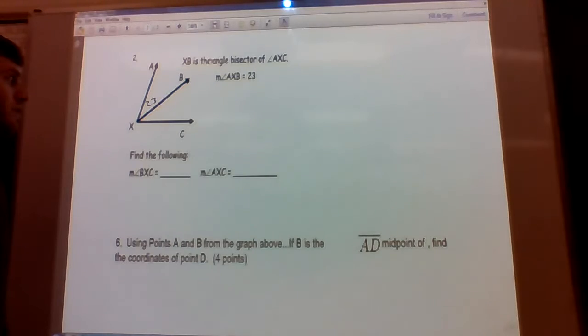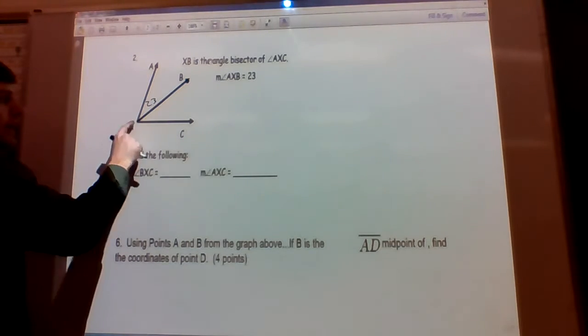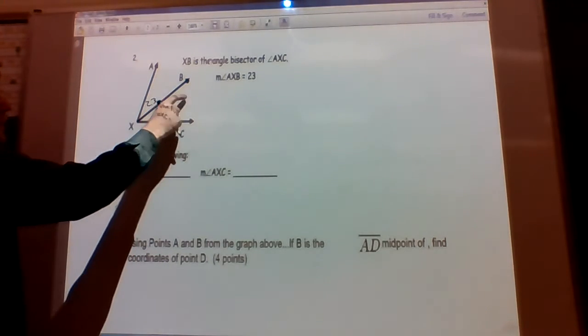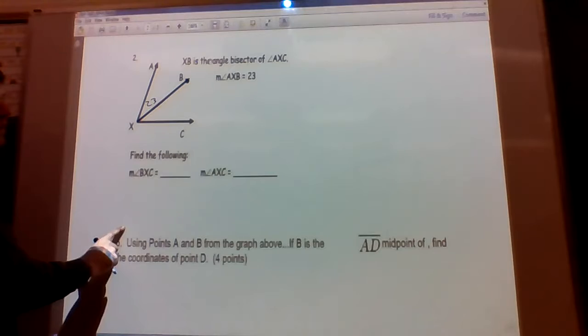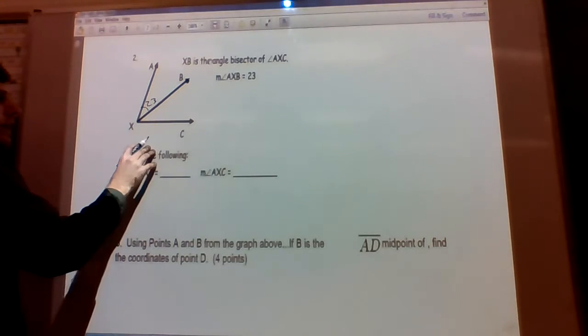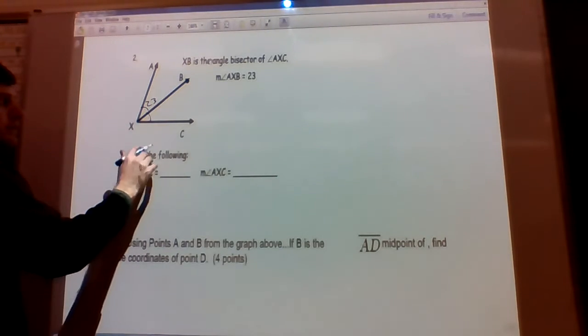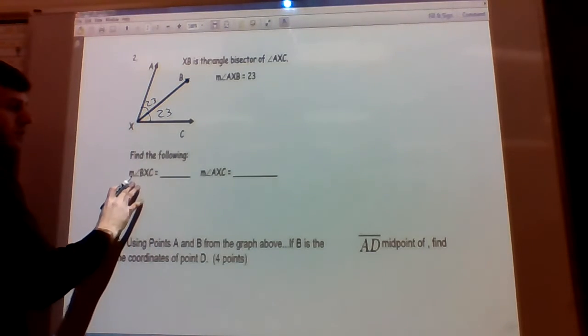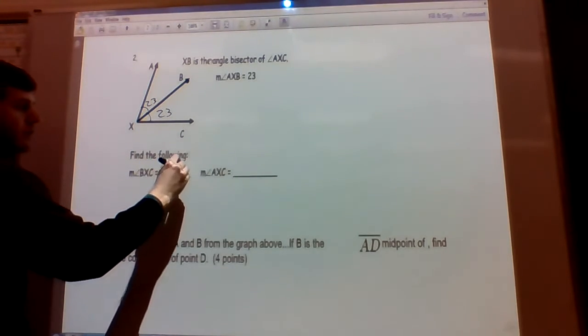The angle bisector splits the angle into two congruent parts. So we're splitting angle AXC into two congruent parts, AXB and BXC. We know angle AXB is congruent to angle BXC. So that one's 23, and this one is also 23. So the measure of angle BXC is 23.